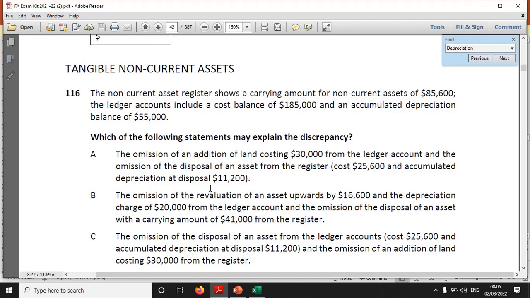Question is, which of the following statements may explain the discrepancy?